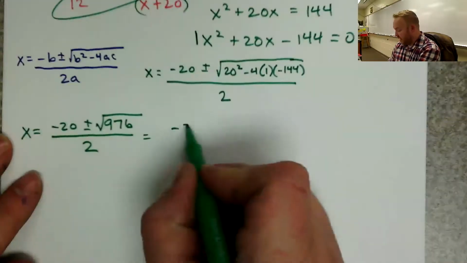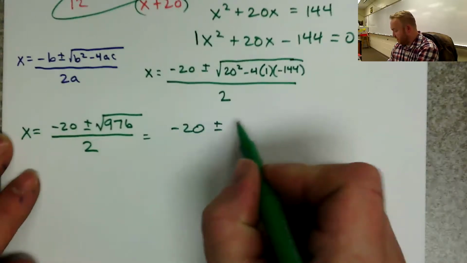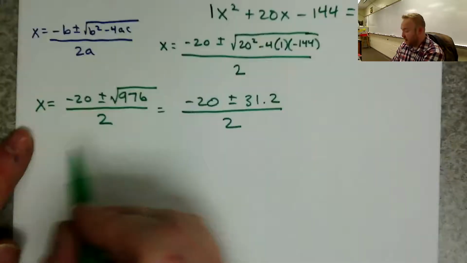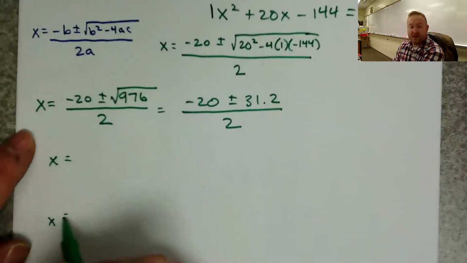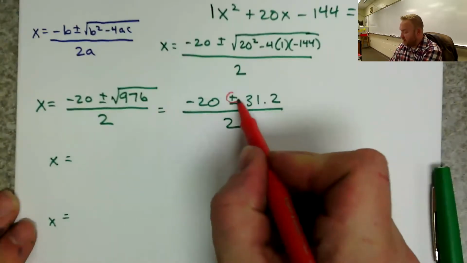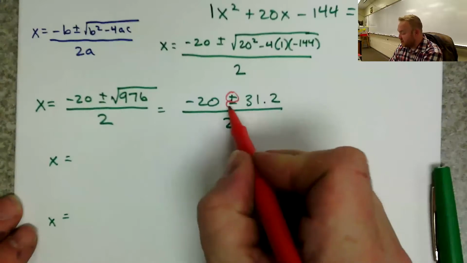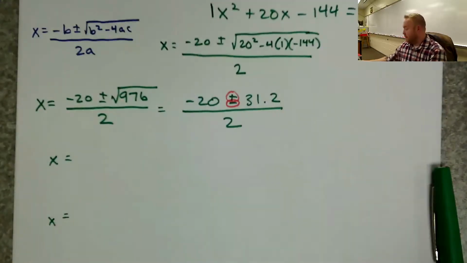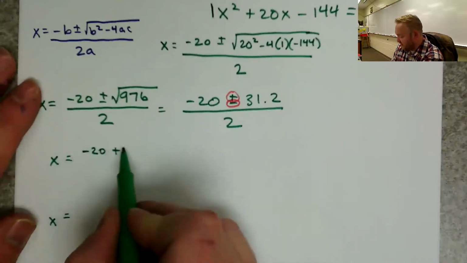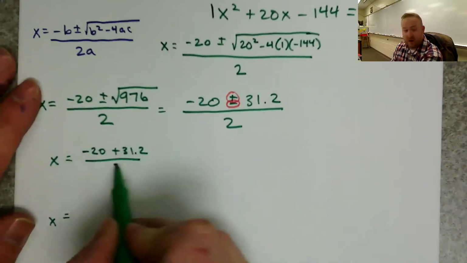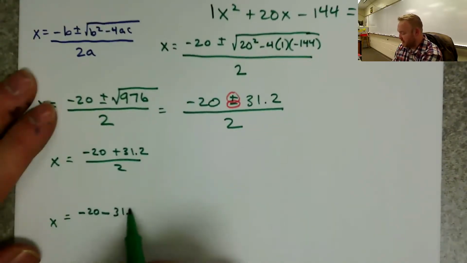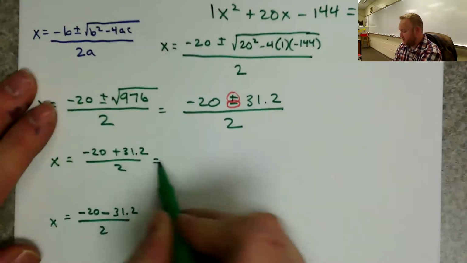So this becomes negative 20 plus or minus 31.2 all over 2. Now we are going to get 2 different solutions here. One of the solutions is going to come from using the plus. The other solution comes from using the minus. So for my first solution, I'm going to do negative 20 plus 31.2 over 2. And to get the other solution, I'm going to do negative 20 minus 31.2 all over 2.